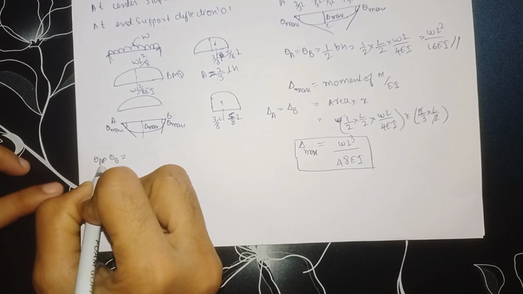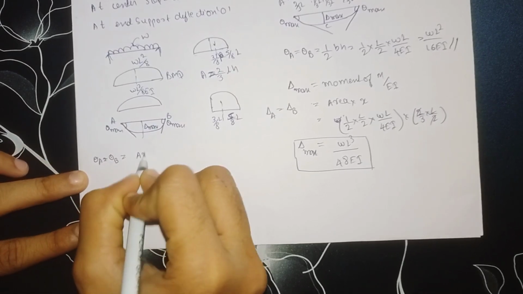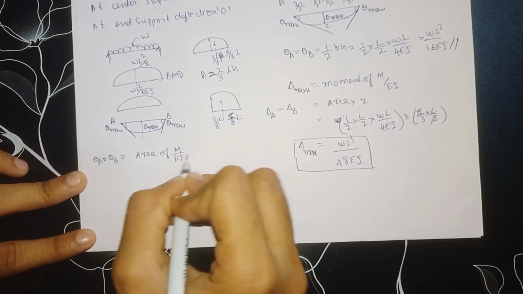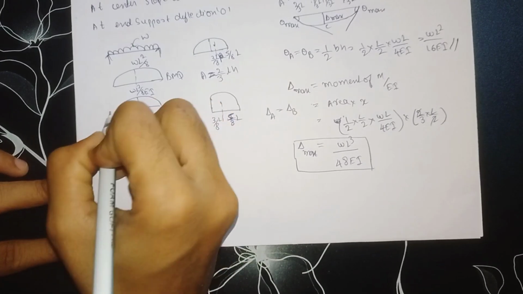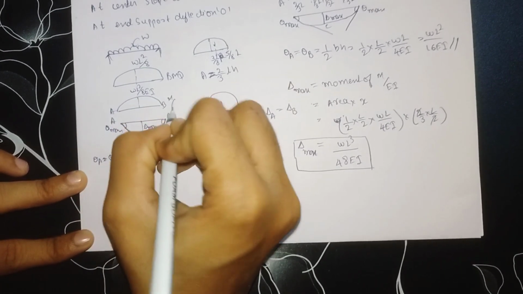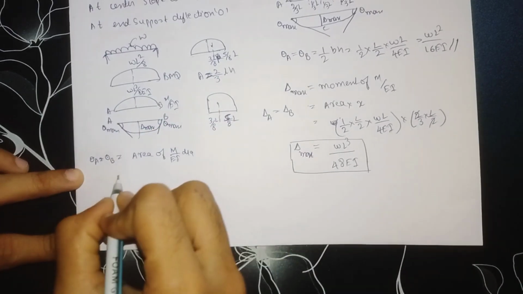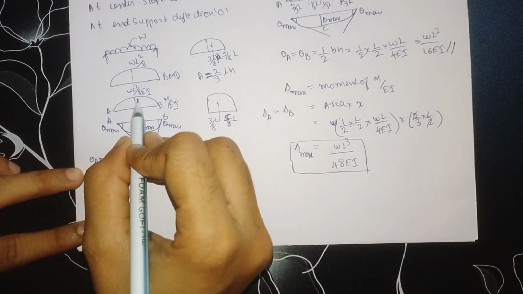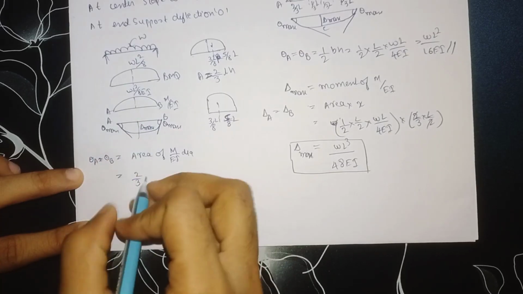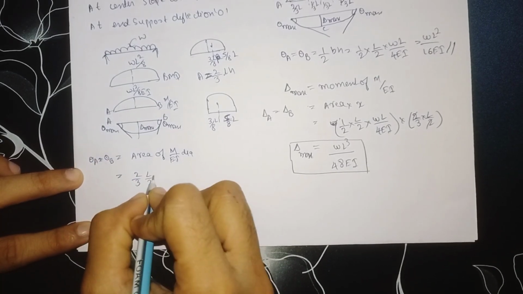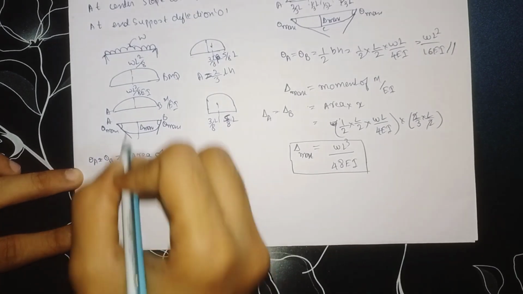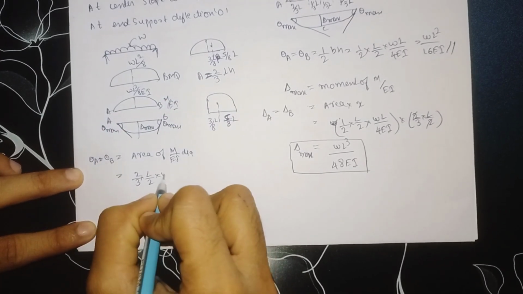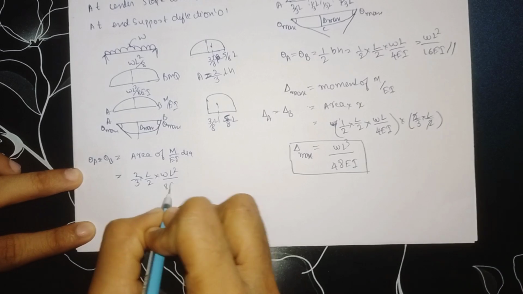To find the slope, we need the area of the M divided by EI diagram. To find the area of this, we have the formula 2/3 into the length, which is from here to here, L by 2, and the height is WL square divided by 8 EI.